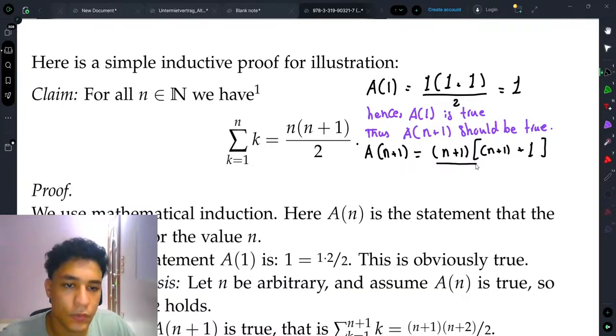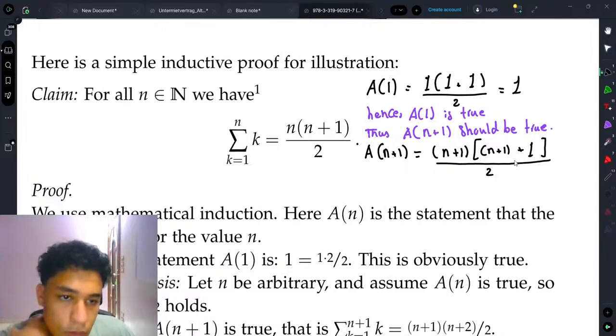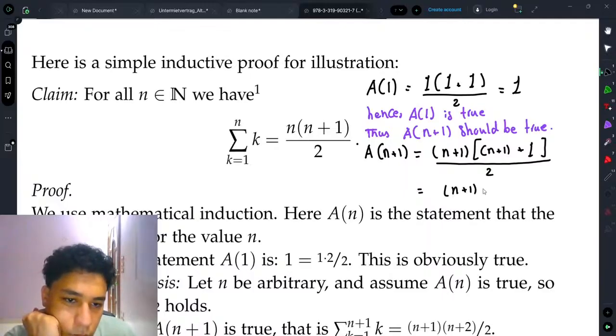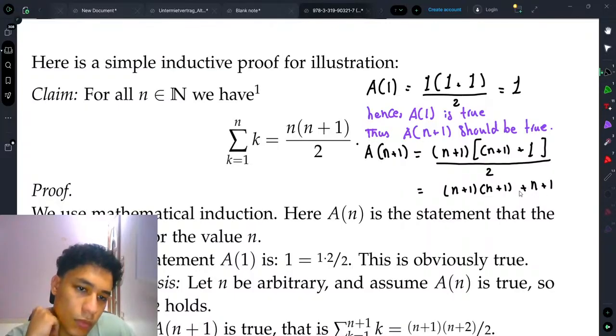Okay, over 2. Okay. So what I can do here is multiply this and then multiply this. I mean, I can do that, for example, so I can say n plus 1 multiplied by n plus 1 plus n plus 1, I guess, over 2.